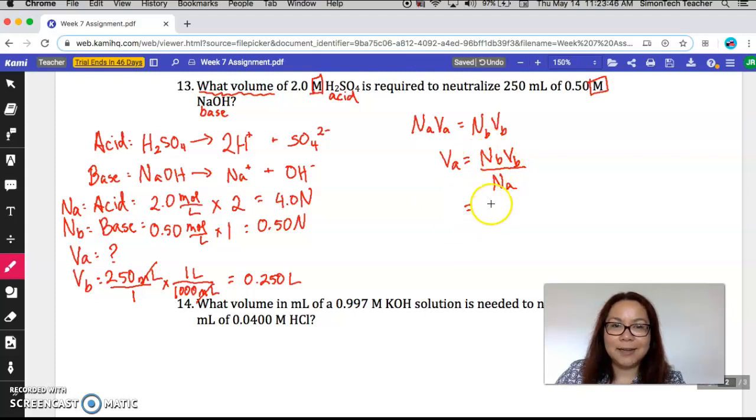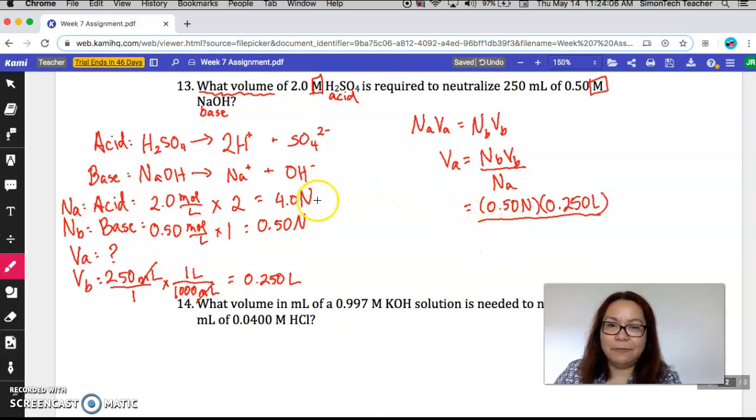So plug in the normality of the base, which is 0.50 N, times the volume of the base, which is 0.250 liters, divided by the normality of your acid, which happens to be 4.0 N. Cancel out the N's.